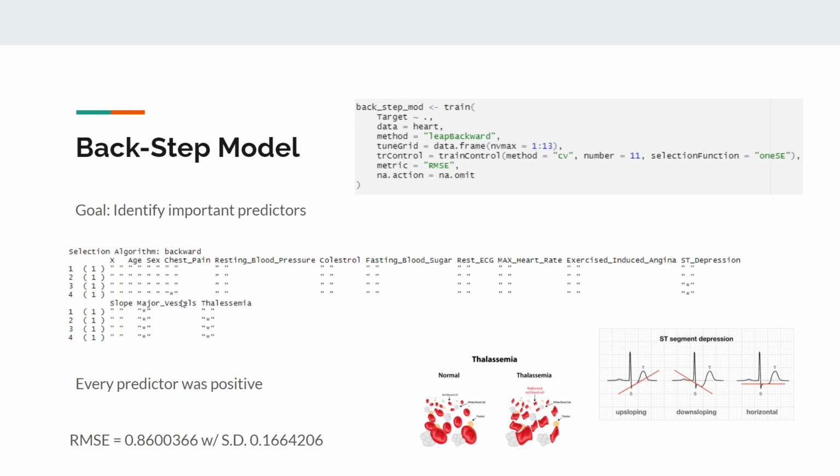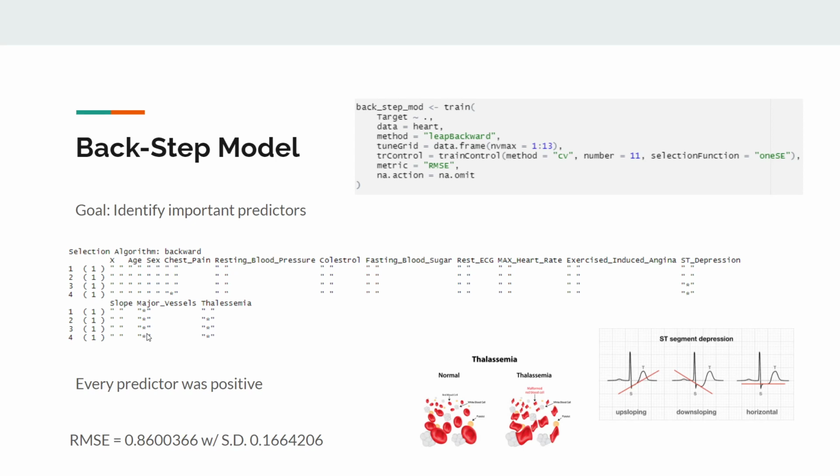It's quantitative. ST depression, which you can see here, is a visual analysis of an electrocardiogram, a visualization of a heartbeat. So you can see it's downslope, upslope, horizontal.